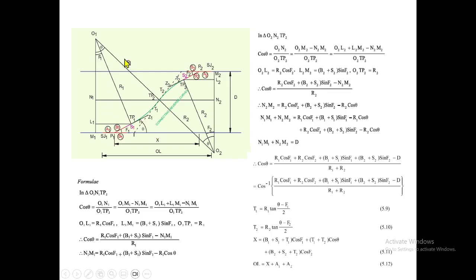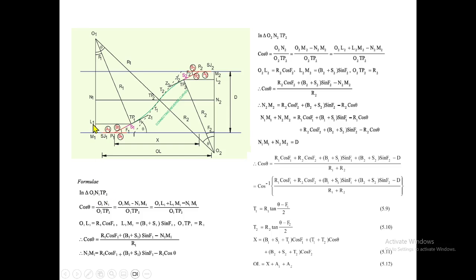Once this angle is theta, this angle is theta, we will be able to get the deflection angle. So theta has to be found out. Since the angle of crossing is different, we have to separately resolve this portion and this portion, and we have to equate them.